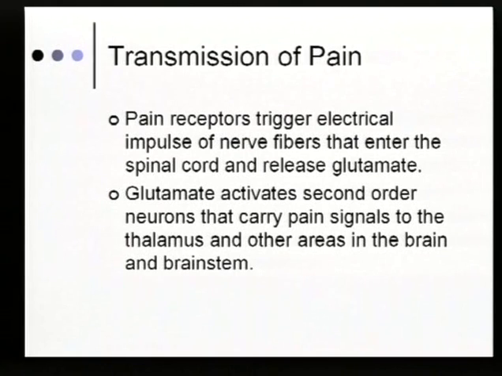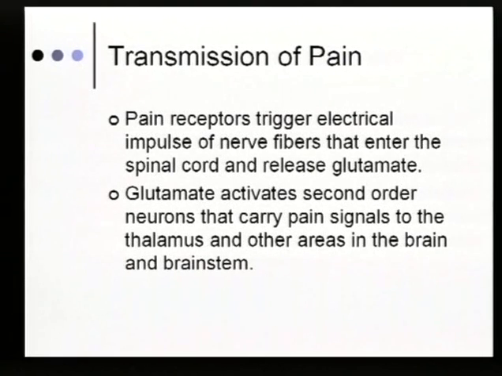We know that pain receptors, okay, wherever the nerve's injured or just a normal appreciation of pain, trigger electrical impulses in nerve fibers, and that information's taken back into the spinal cord, and that neuron releases glutamate as one neurotransmitter. All right, and then the glutamate activates second-order neurons.